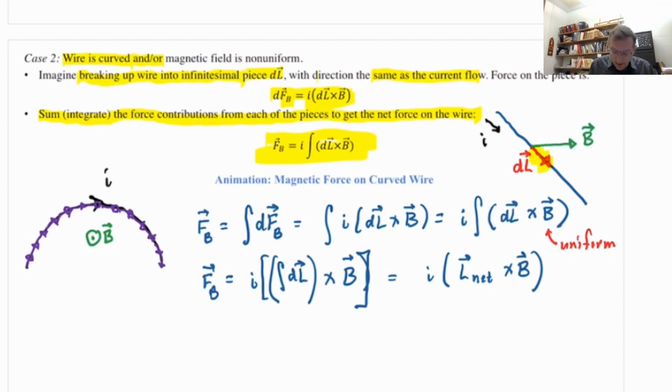And when you add them all up, you'll just get an effective L going straight across the diameter. That's the L net. Okay? And of course, if I think of this half circle, there's the center, having a radius big R, then the length of that L net is just 2R.